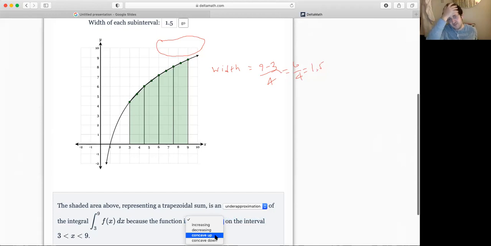And we have the concavity here. This is concave down.